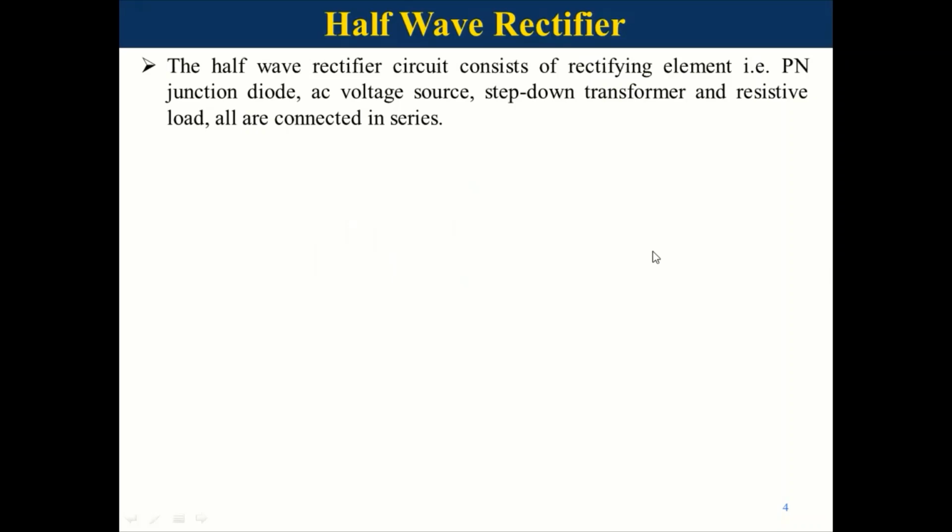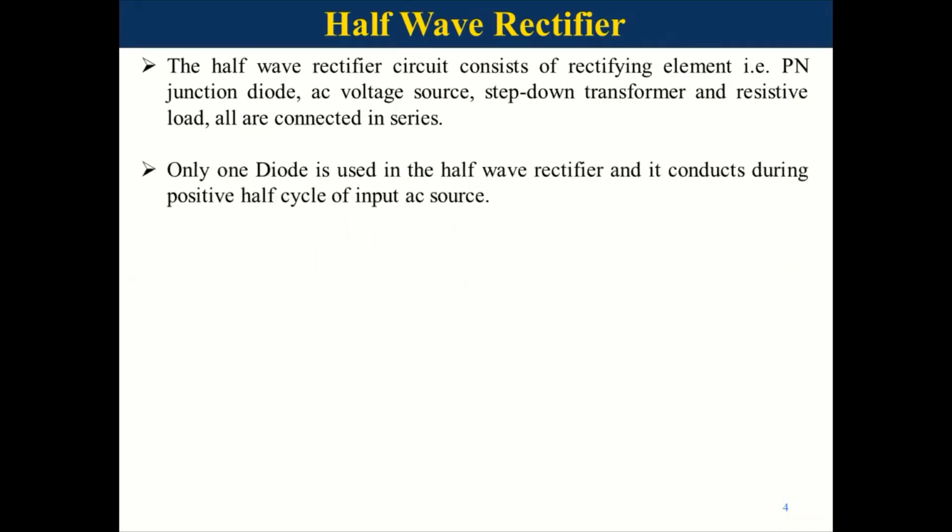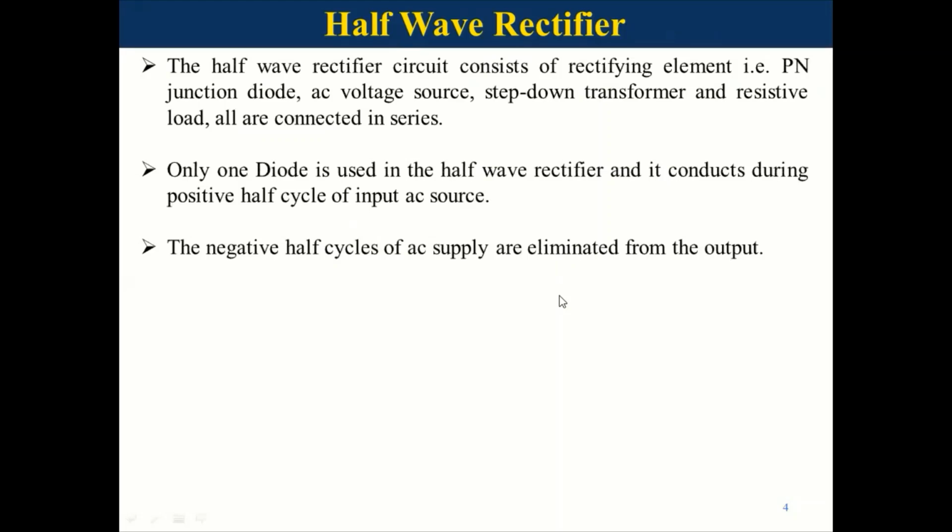A half-wave rectifier circuit basically consists of a rectifying element called a PN junction diode, an AC voltage source, a step-down transformer, and a resistive load, all connected in series. In a half-wave rectifier circuit, only one diode is used, and this diode conducts during the positive half cycle of the input AC source, and during the negative half cycle it doesn't conduct.